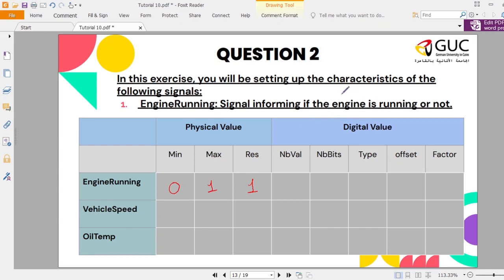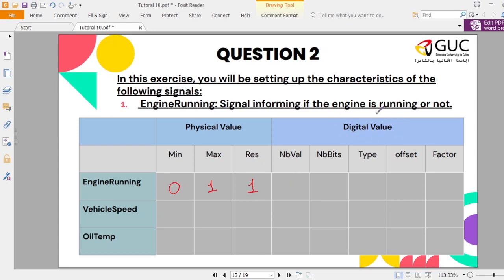Again, it's not mentioned here, but we can infer it, as our maximum value is 1 and the minimum value is 0, and the signal just says it's on or off. We don't have 0.5; from 0 it's off, 1 it's on. Our resolution is 1, a step size of 1.